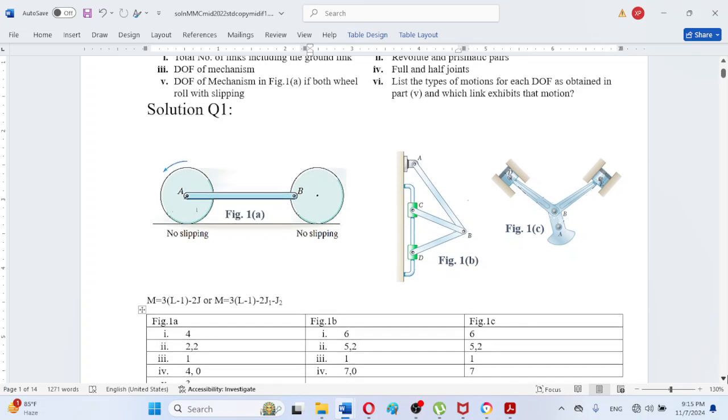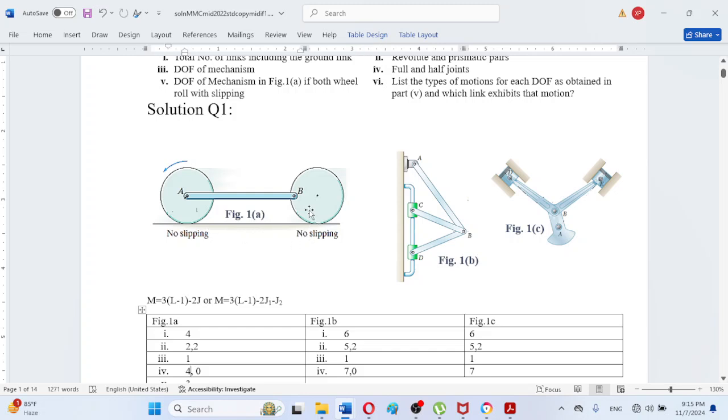The third clause is the DOF of the mechanism, but before that we can solve the fourth clause, which is full and half joints. Full joints are one DOF joints and half joints are two DOF joints independently. So in the first diagram, figure 1a, we can observe that there are a total of four full joints.